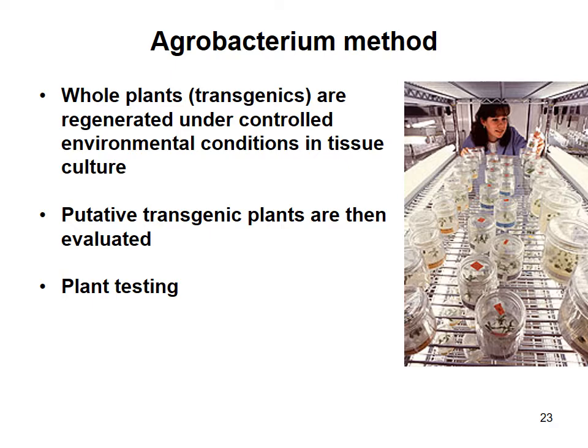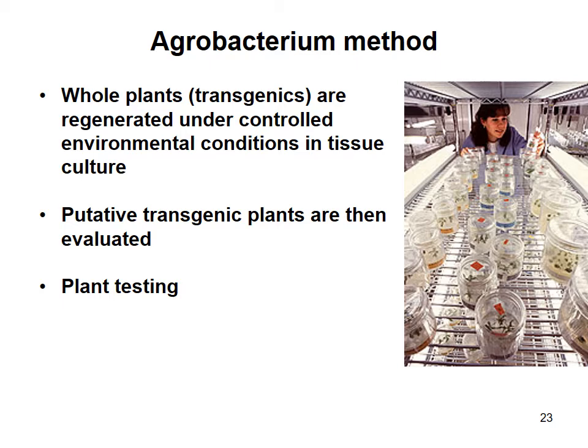The initial cross to the improved variety has to be followed by several cycles of repeated crosses to the improved parent, a process known as backcrossing. The goal here is to recover as much of the improved parent's genome as possible with the addition of the transgene from the transformed parent.